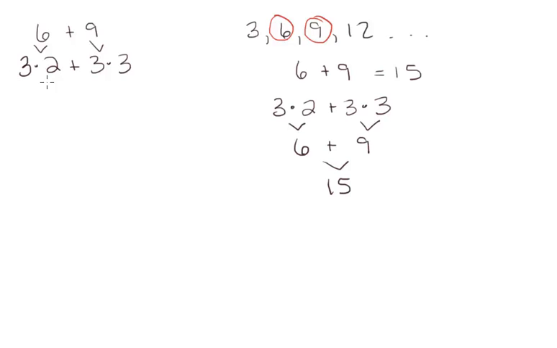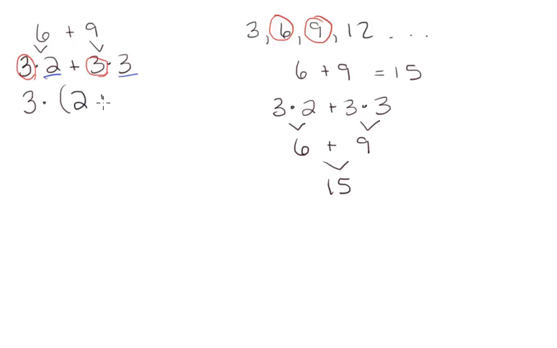Now I could take this even further. I could see that, well, in both of these terms, I have a 3, right? I'm multiplying 3 times 2 and 3 times 3. So I might say, well, I could rewrite this as 3 times the sum of 2 plus 3.